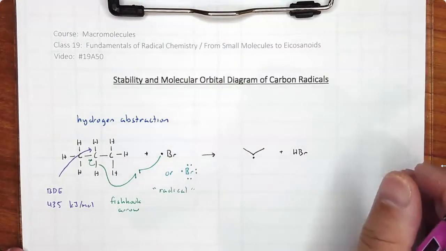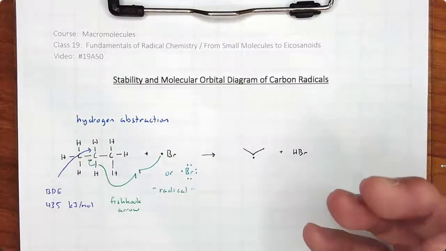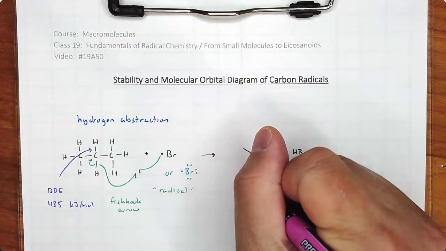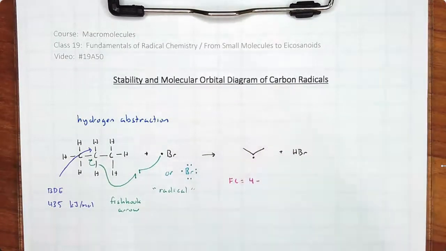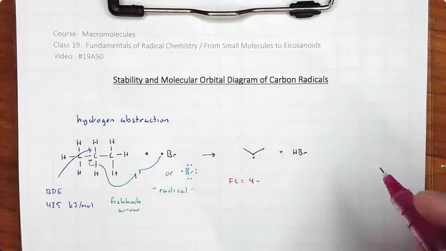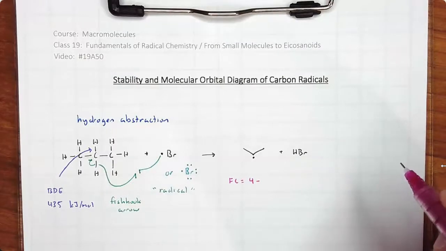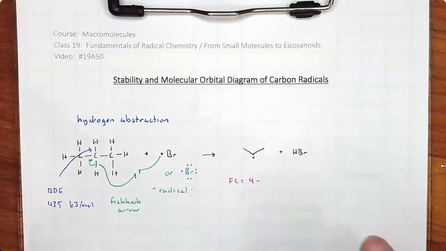If you remember our formal charge equation, the normal valence electrons of an atom, so this is carbon, so that's 4. Formal charge equals 4 minus, and then I like to say, today's actually opening day for baseball, 2022. So I like to say sticks plus balls.